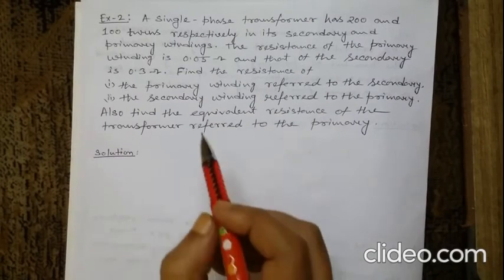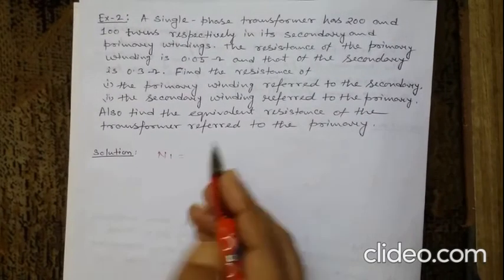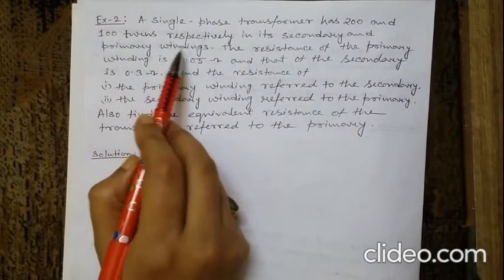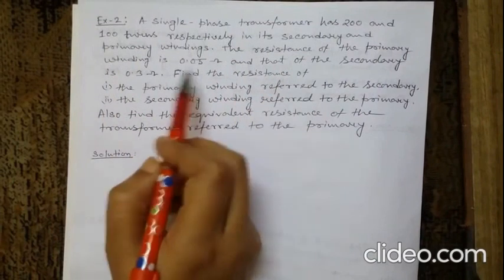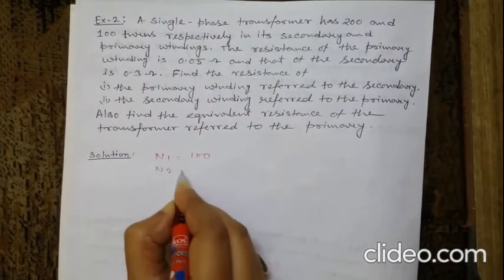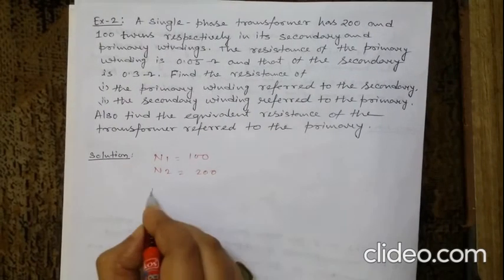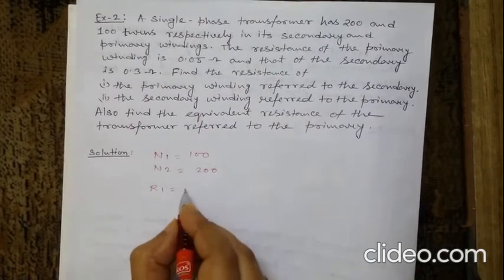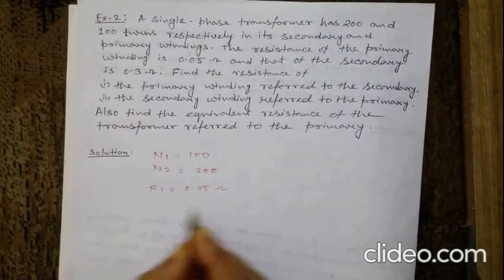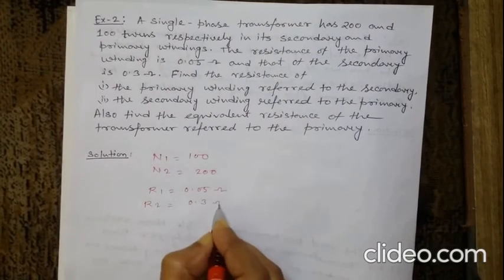So N1 equal to 100 and N2 equal to 200. Now the resistance of the primary winding R1 is equal to 0.05 ohm, and the secondary side 0.3 ohm.